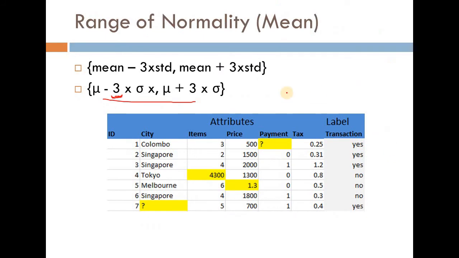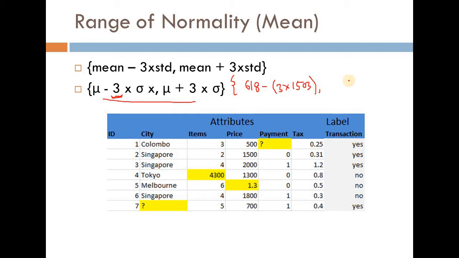So using these values, we can also define the range of normality using this approach as mean, which is 618, minus 3 times standard deviation, which is 1503.